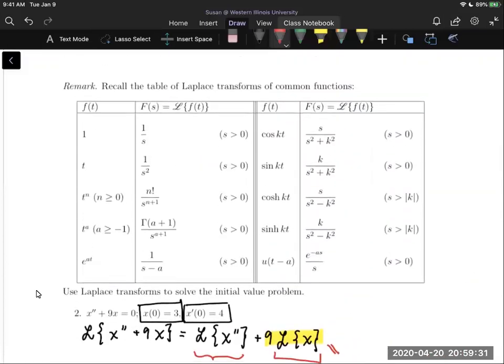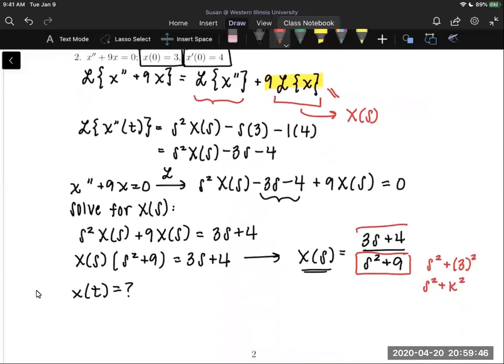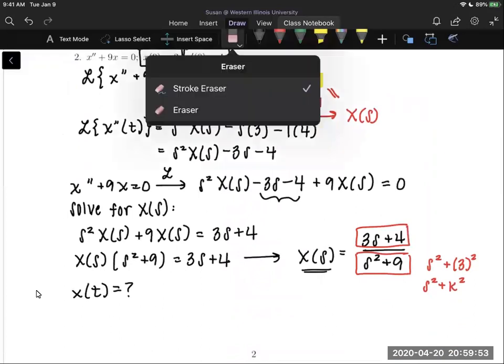And so we're looking at either a cosine or a sine function, depending on whether we have an s on top or a constant on top. So we look back down at where we're at, and as it turns out, we essentially have both of those on top. So what we'd like to do is separate this into two separate fractions.